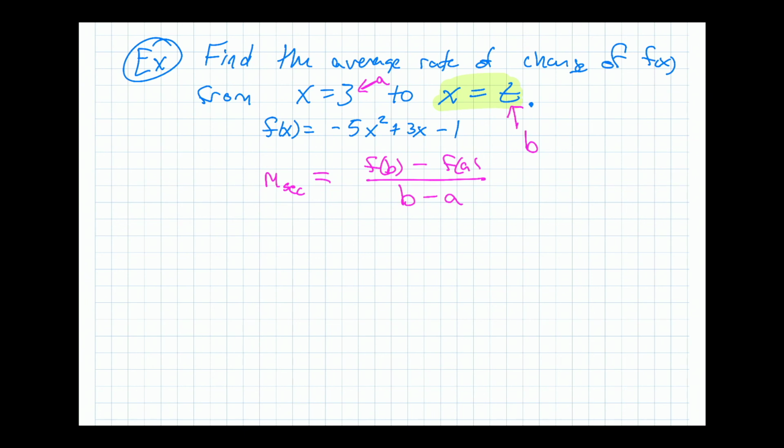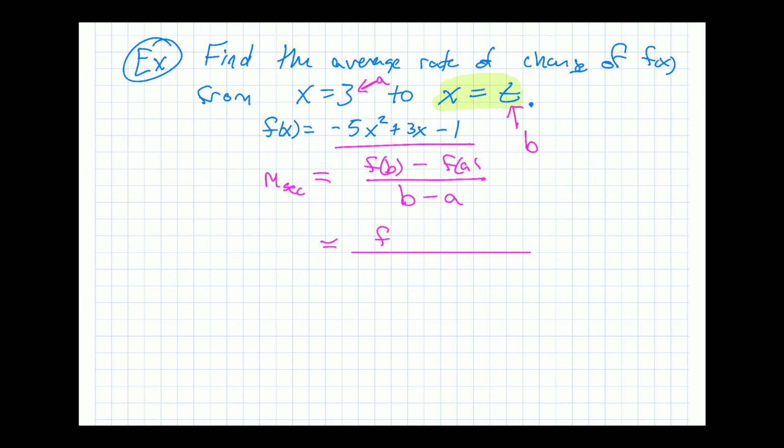So you go ahead and fill this out, take a couple of lines, don't try to rush it and make a mistake. Let's do it in multiple steps. So if you fill in our numbers, we got b equals t and a equals 3.